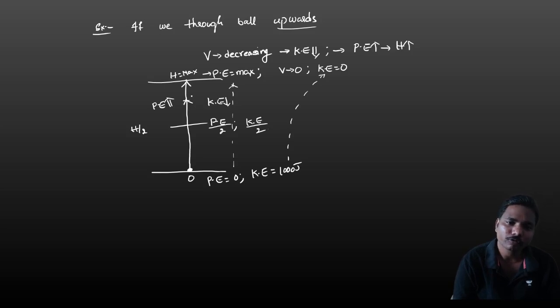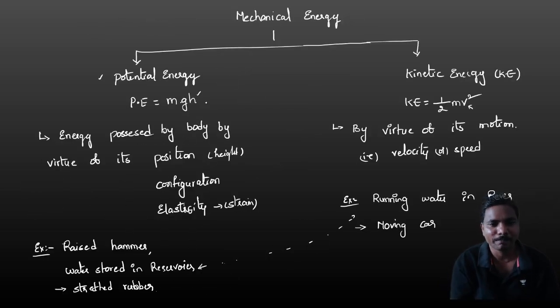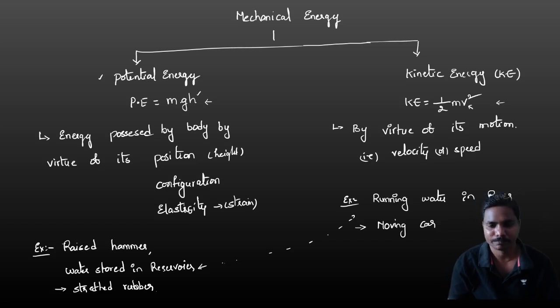At 3/4 height, and at 1/4 height, potential energy is less and kinetic energy is more. So like that you can understand this. All of you clear? So PE is equal to mgh, a very important formula, and KE is equal to half mv square, that is also very important. From those you can understand the potential and the kinetic energy.